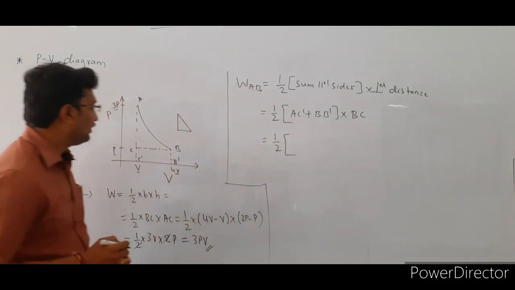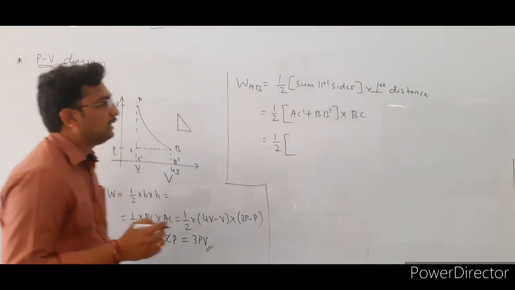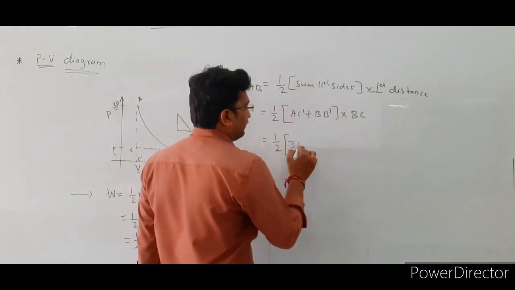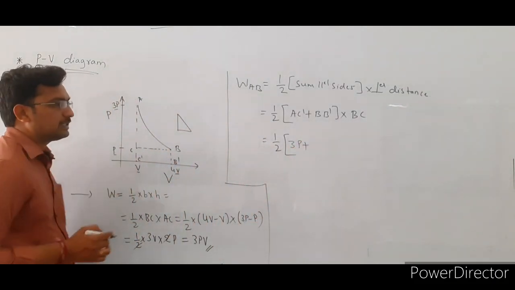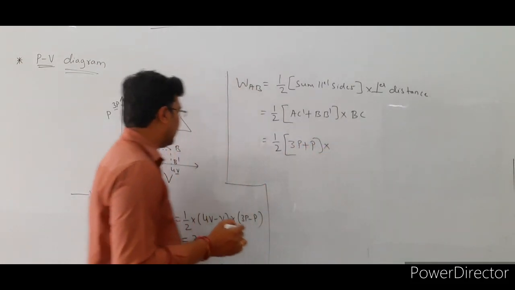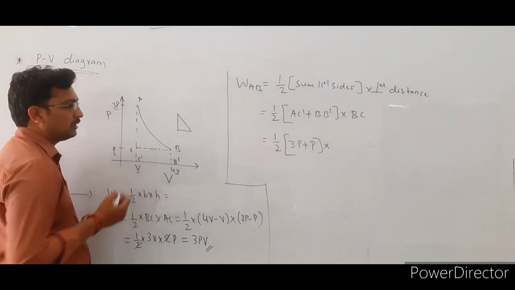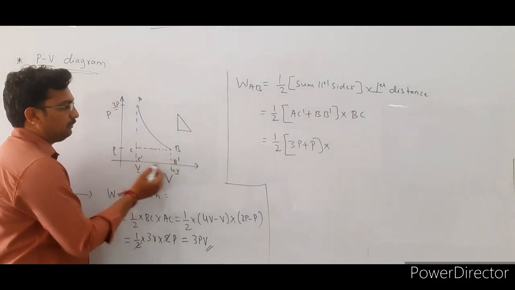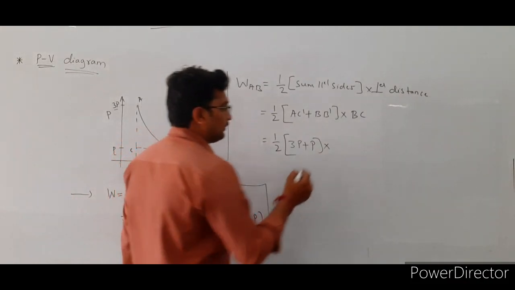What is the AC dash value here? This is 0 and this is 3P, so AC dash is 3P, plus the BB dash value, from here to here, that is P, into the perpendicular distance. This is 4V and this is V, so the B dash C dash or BC value is 4V minus V, that is 3V.